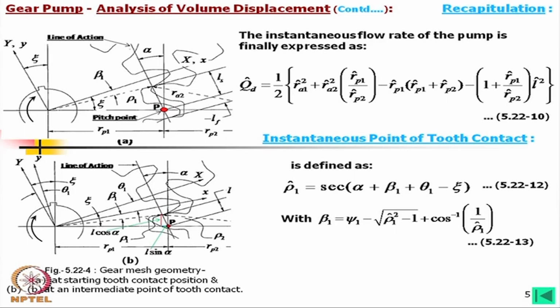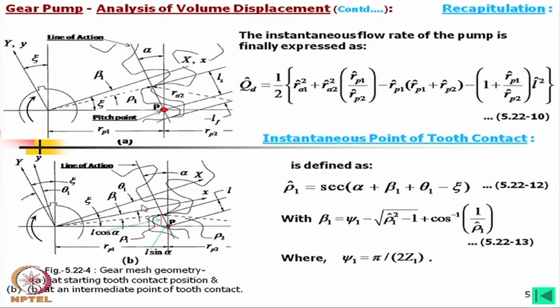This beta 1 angle can be derived in this form, and then finally psi 1 is equal to pi by 2 z 1, that is, this angle is nothing but half of this angle, half of pi by z 1, which is half of one tooth angle, and half of that.